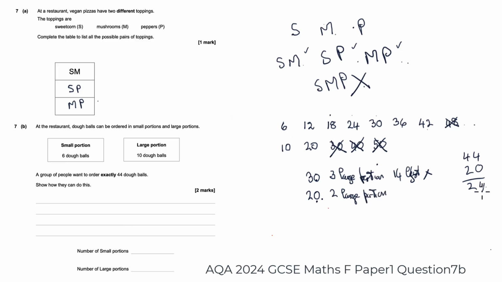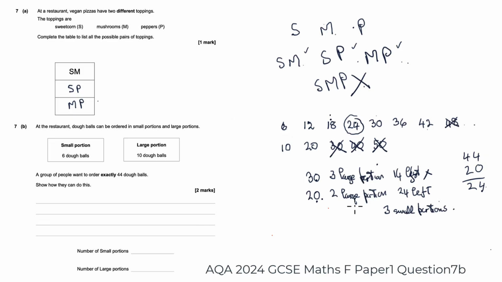We've still 24 to get. Let's look along this. There's 1 small portion, 2 small portions, 3 small portions, 4 small portions. So there's 24 left. 3 small portions would give us the 24 we need.